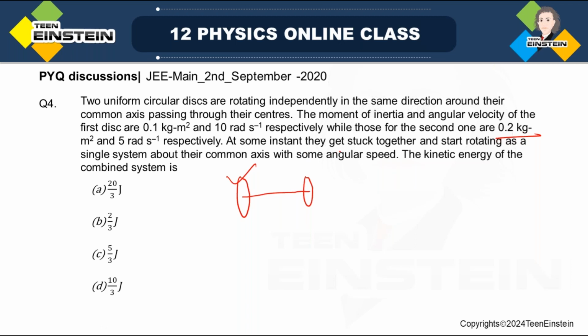At some instant they get stuck to each other and start rotating as a single system about their common axis with some angular speed. So the kinetic energy of the combined system will be?